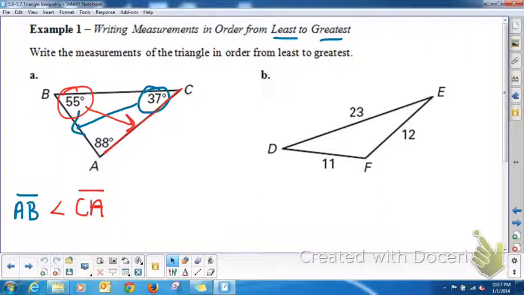And then the largest angle is 88, and therefore the largest side is the side that's across from the largest angle, which would be CB or BC.